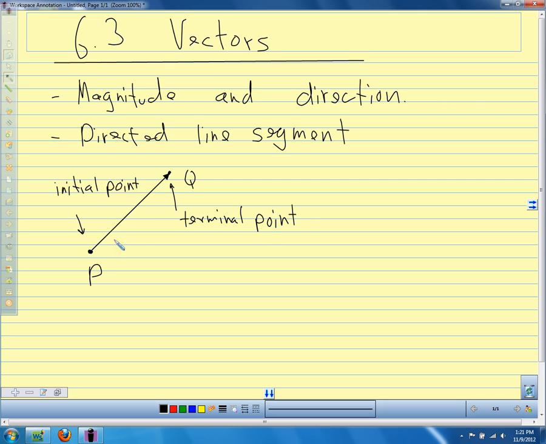We would call this vector, the arrow, vector PQ. And we put this one-sided arrow over the top of our letters to show that it's a vector. So we would call this vector PQ, with initial point and terminal point.